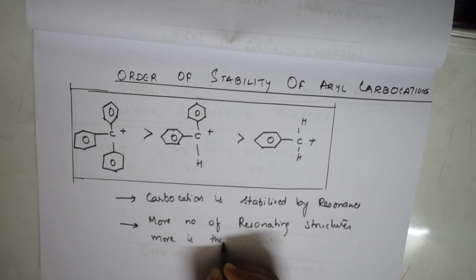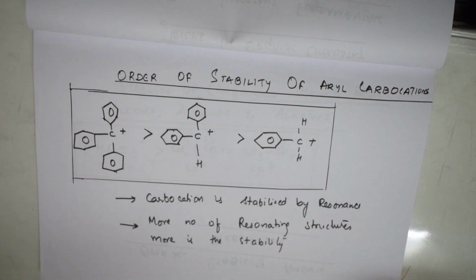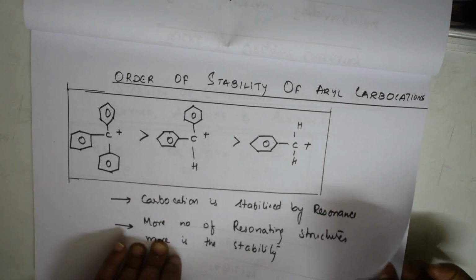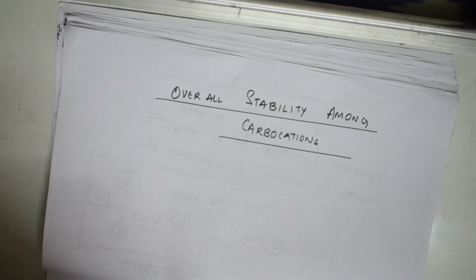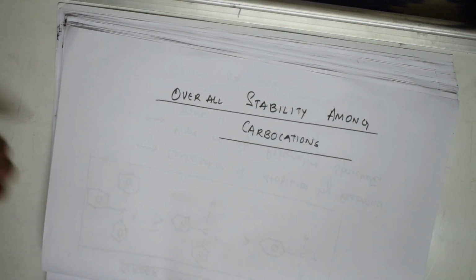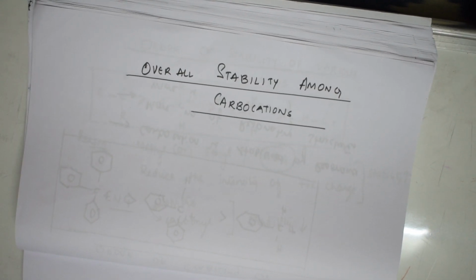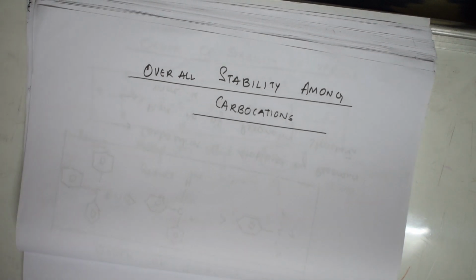Now let me combine both the aliphatic and aromatic carbocation stability, and let us write one concept: the overall stability of carbocation. Let us check that, because you need to know both, isn't it? So overall stability together, let us write one order. Remember what I said: more number of resonating structures, more stability.